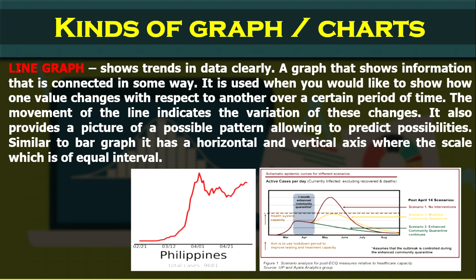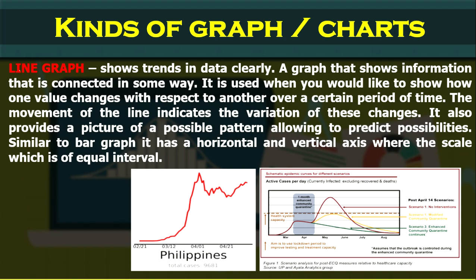For line graph, you can also have an example for the population of our country every decade or every year. We can identify whether it's still increasing or decreasing and so on.